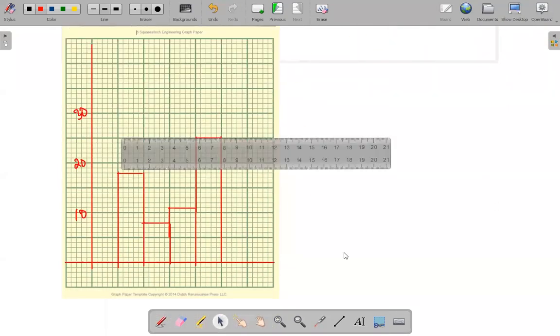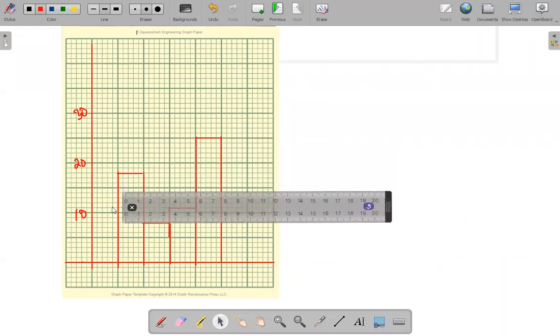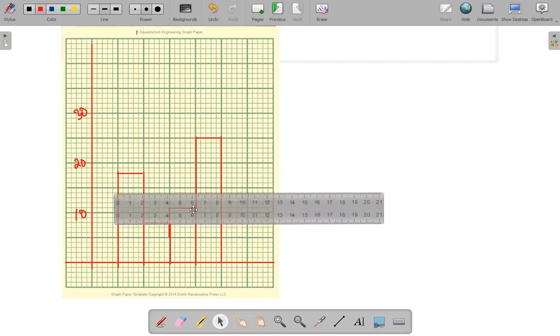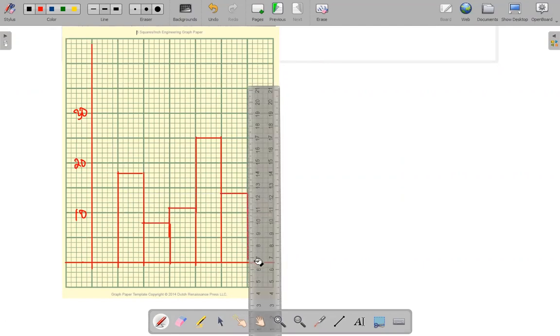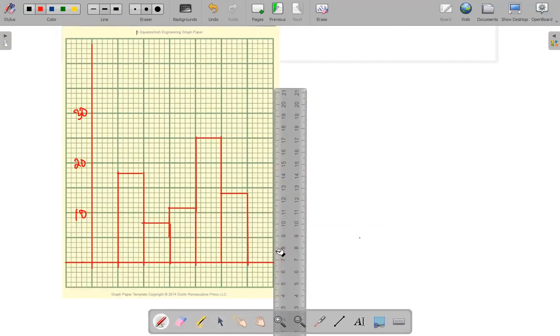After 25 is 14, which is here. And lastly 3.